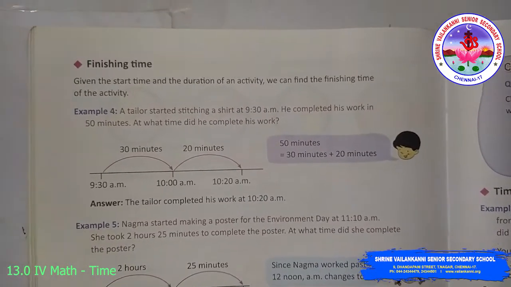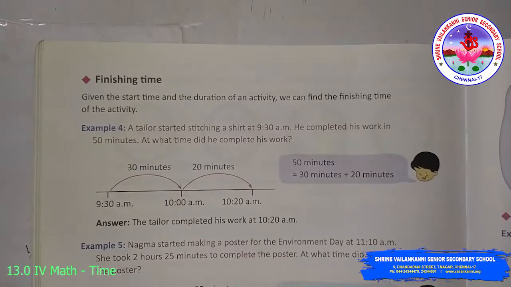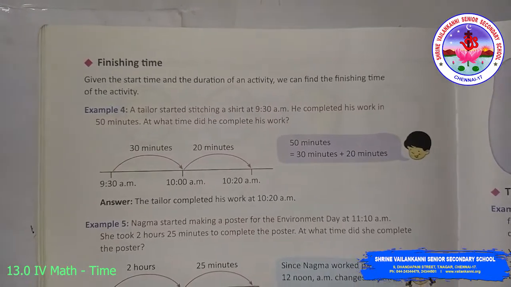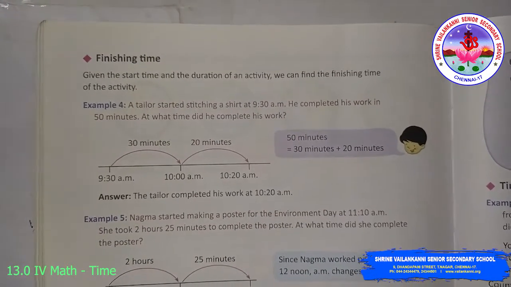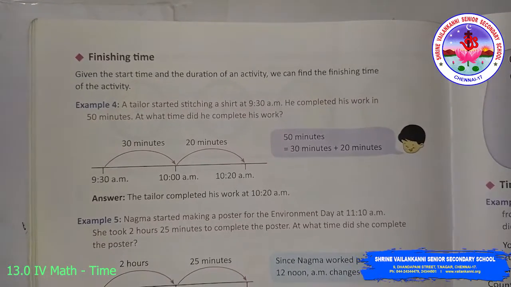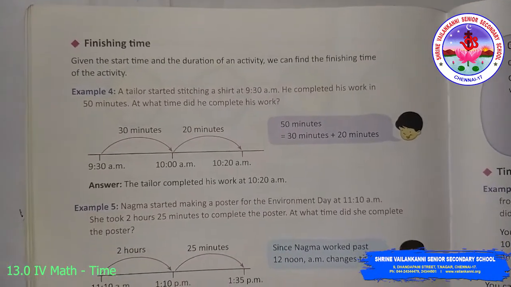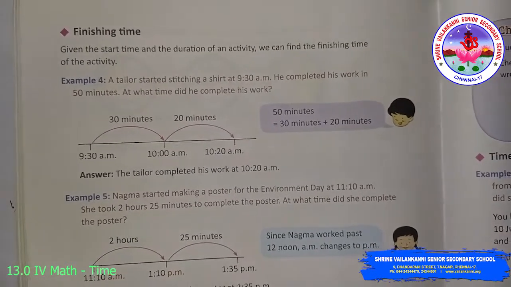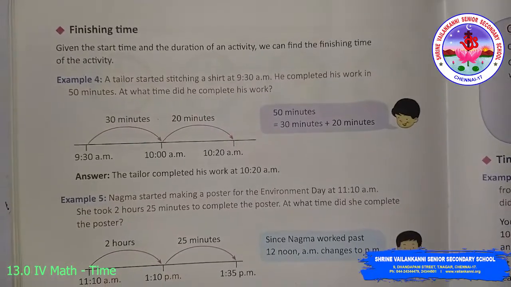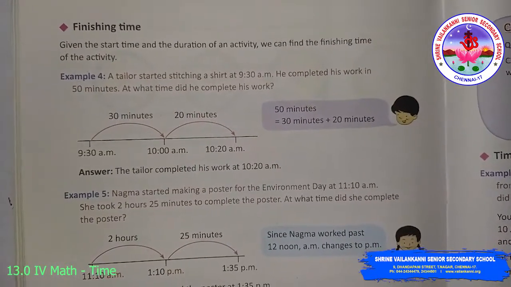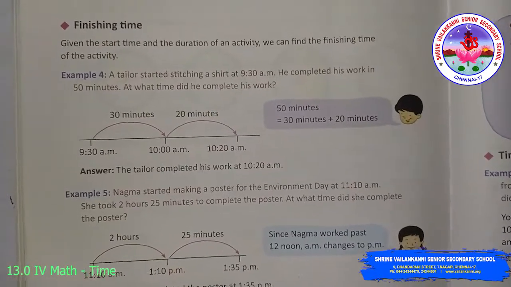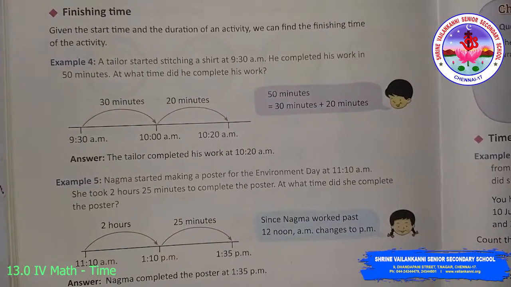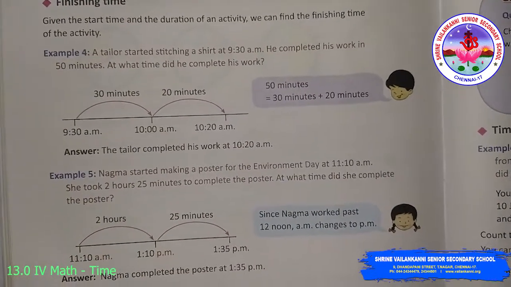So the starting time will be 9 o'clock and the duration I'm taking is 30 minutes. That 30 minutes is your time interval, you will call it a duration. So after 30 minutes, what will be the time? That will be your finishing time. After 30 minutes from 9, you will get 9:30. So the finishing time of the class will be 9:30.